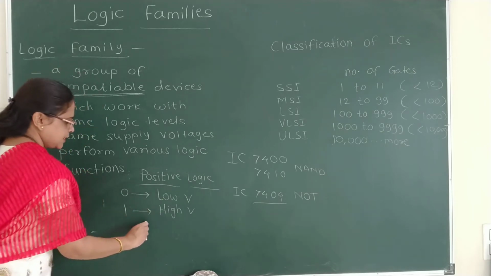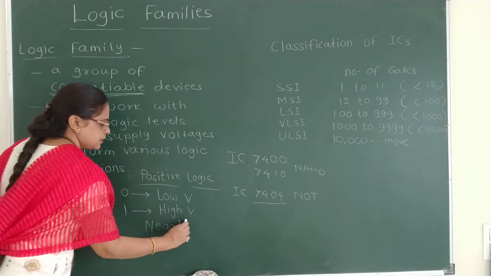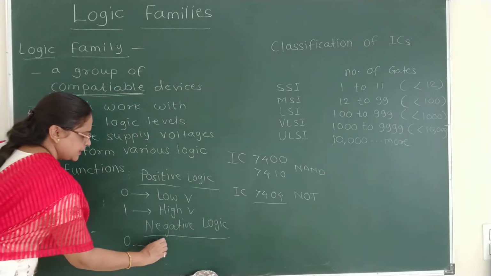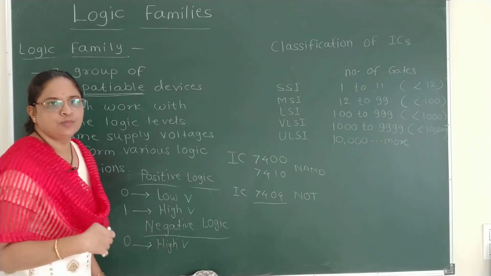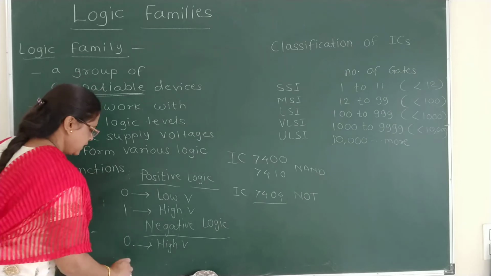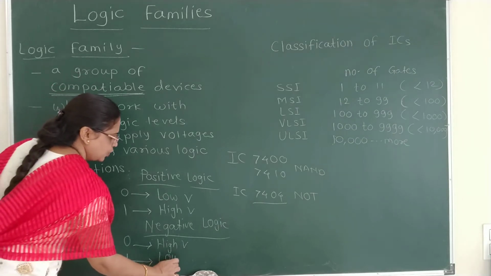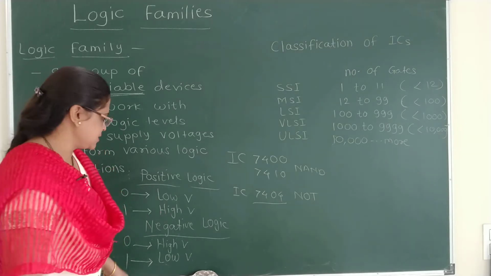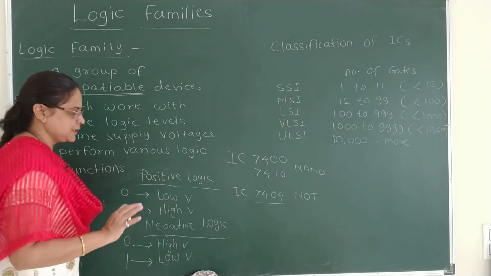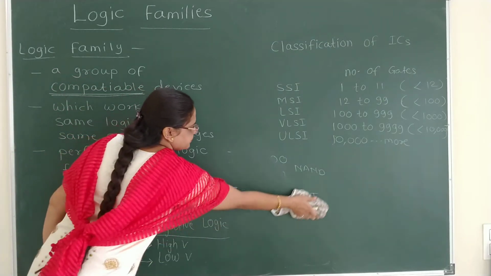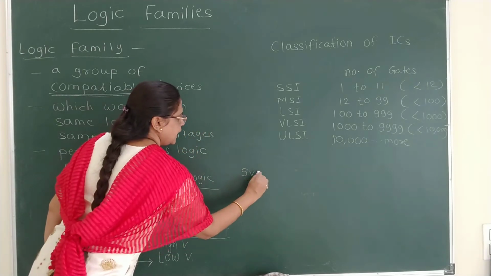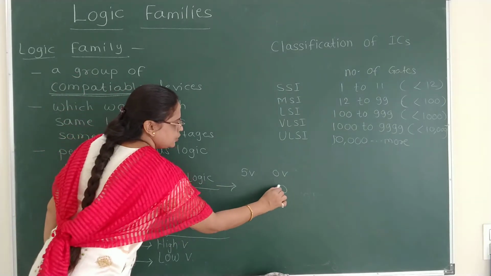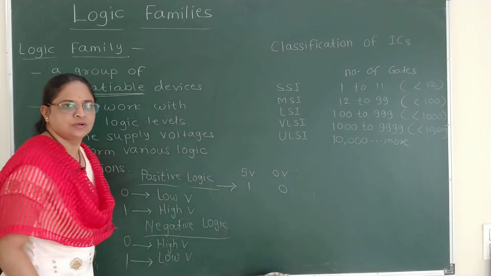In negative logic, exactly the opposite representation is used: 0 indicates high voltage, the more positive voltage of the two levels, and digit 1 indicates low voltage, the more negative or lower voltage of the two levels. For example, with two voltage levels of 5 volt and 0 volt, in positive logic 0 shows 0 volt and 1 shows 5 volt.